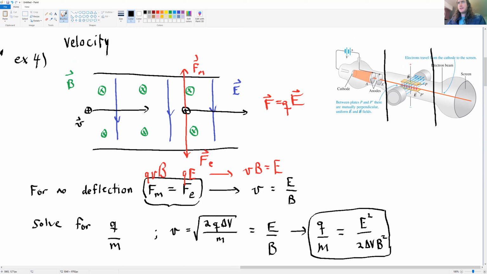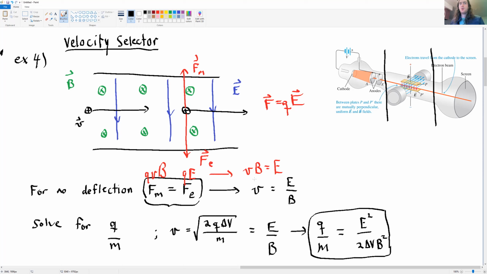Why is it called a velocity selector? Well, if the velocity of the charged particle is not the velocity that you've selected by setting up an electric and magnetic field, then what happens is the electric and magnetic forces don't cancel each other out. So if the velocity of your particles in this beam are not in a ratio E divided by B, then there's going to be deflection.